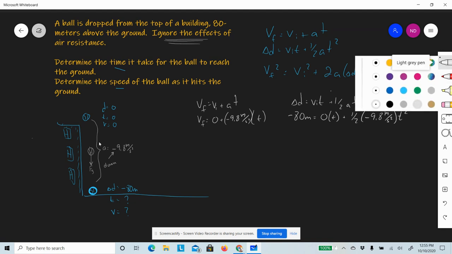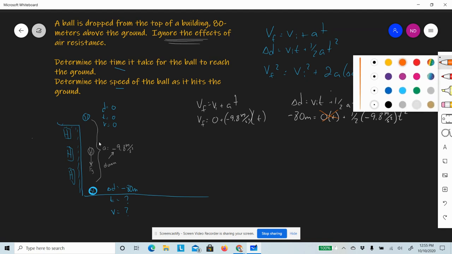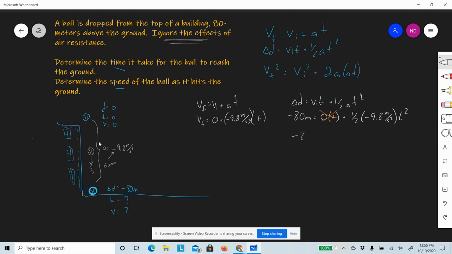What's very useful here is that the Vit part vanishes if it's dropped from rest. So you just get minus 80 meters equals 1/2 times negative 9.8 meters per second squared times time squared.